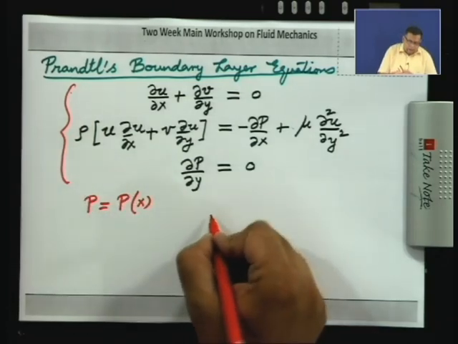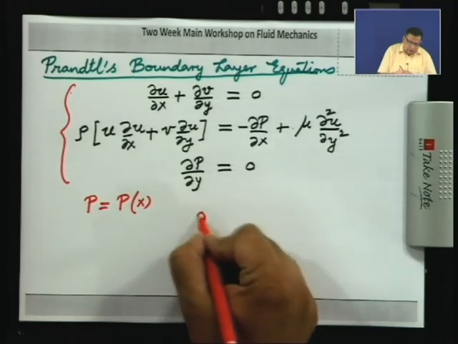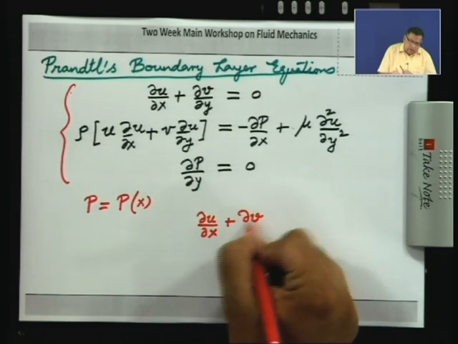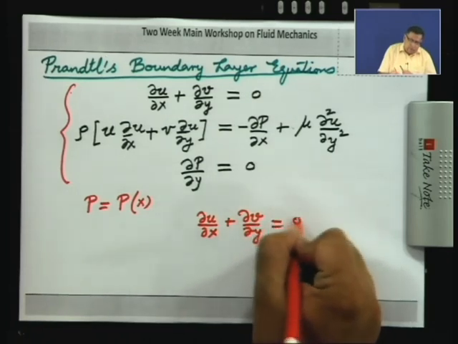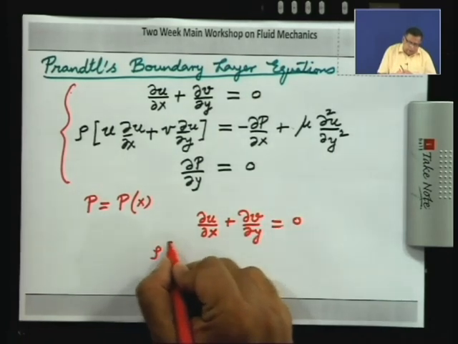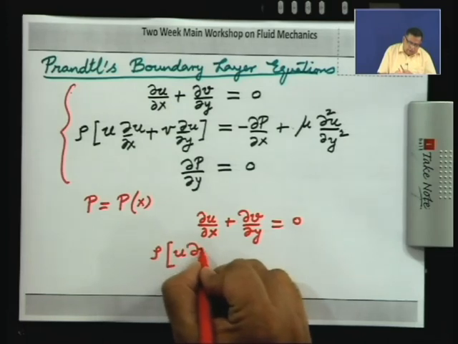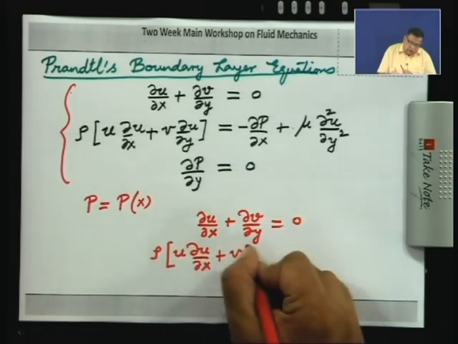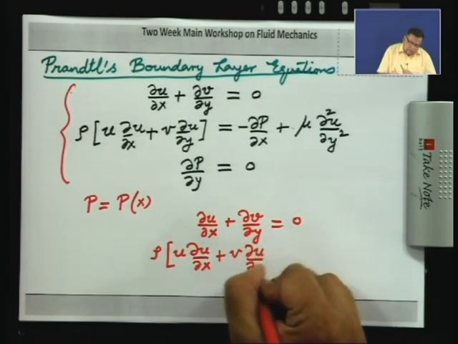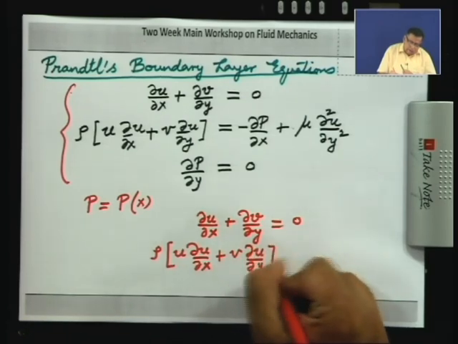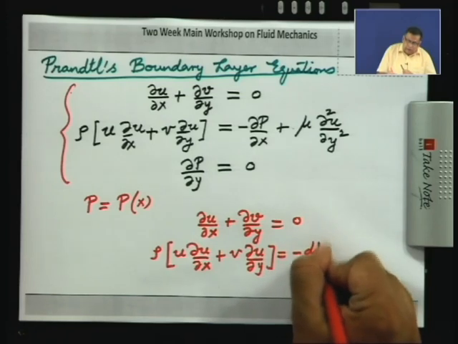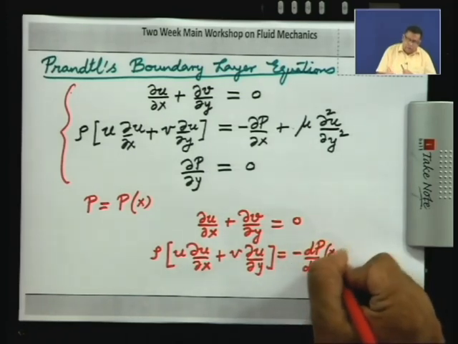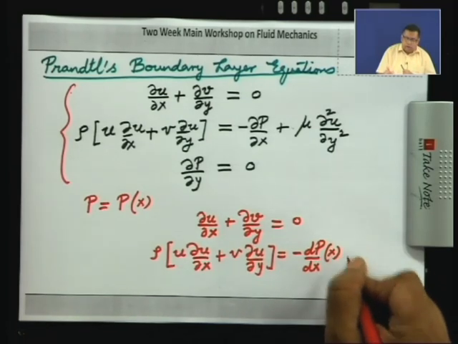So, I will write that also over here: del u del x plus del v del y equal to 0, and rho times u del u del x plus v del u del y, and here I will write minus dp dx instead of del p del x. This could be a function of x in general or could be a constant.